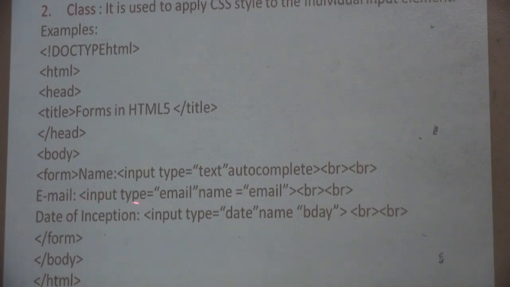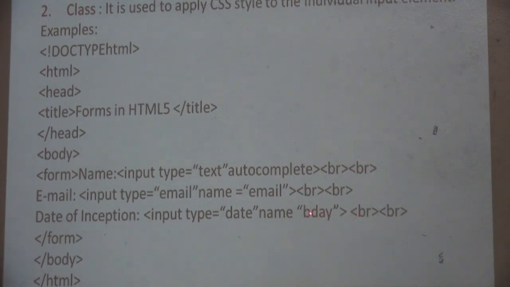For email, we have seen the syntax for the email ID: input type is equal to email, name is equal to email. Again we use the break tag. Then for date of inception, input type is equal to date, name birthday.